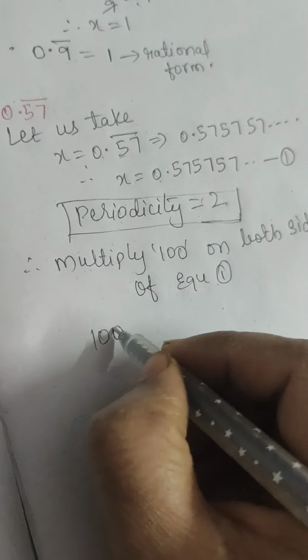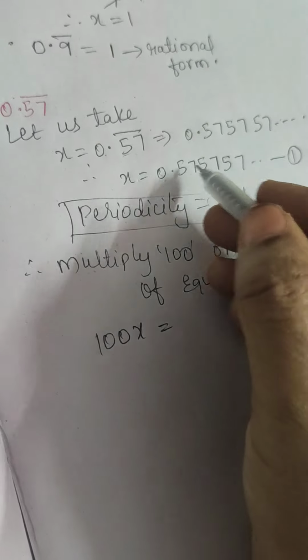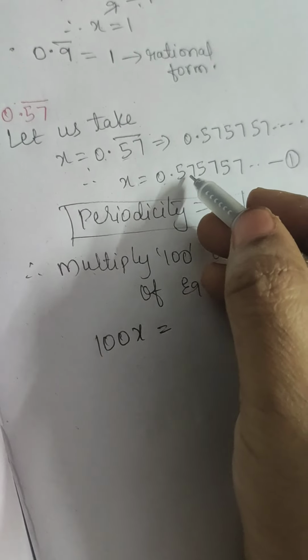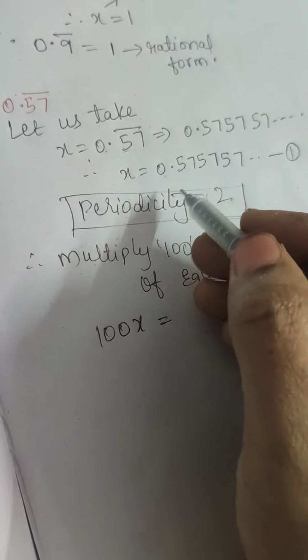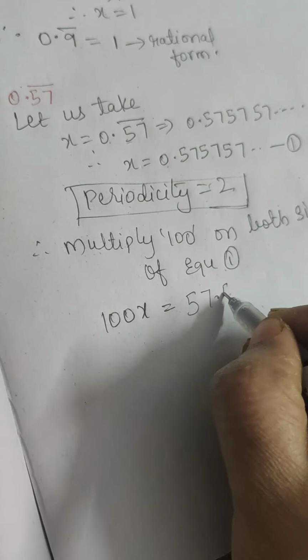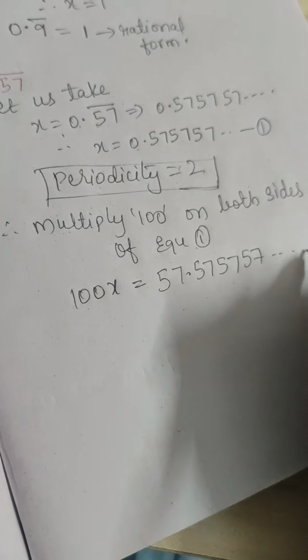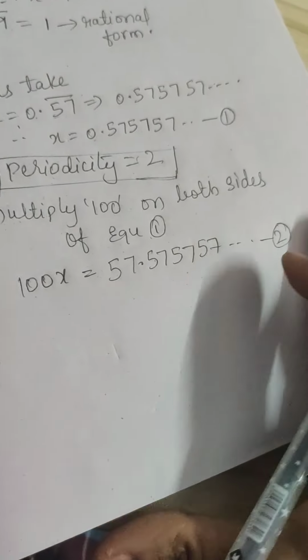We get 100x is equal to 100 into 0.5757. After the bar, these two places will move to before the decimal point. It becomes 57.5757 and so on. Let it be equation number 2.